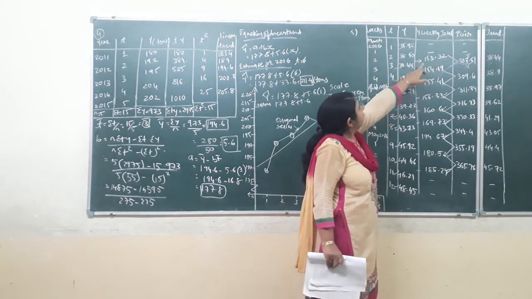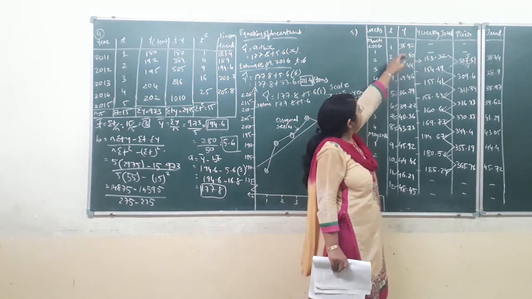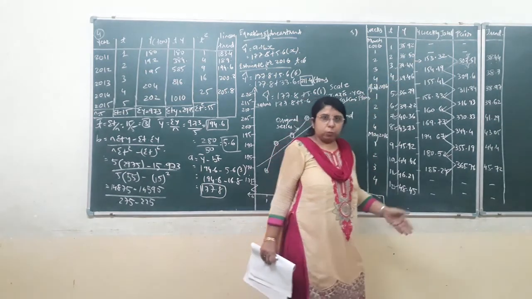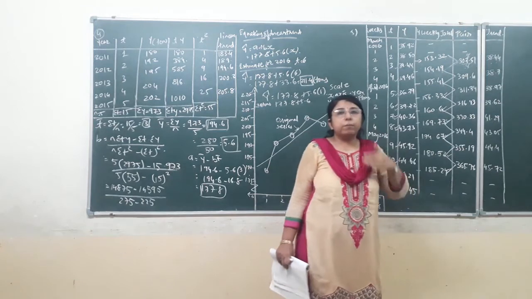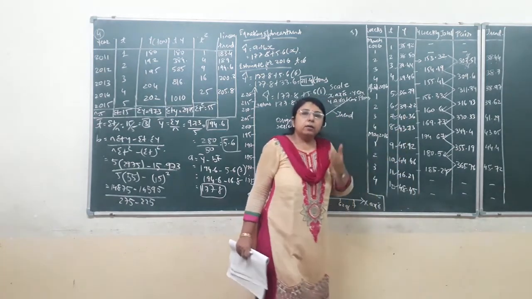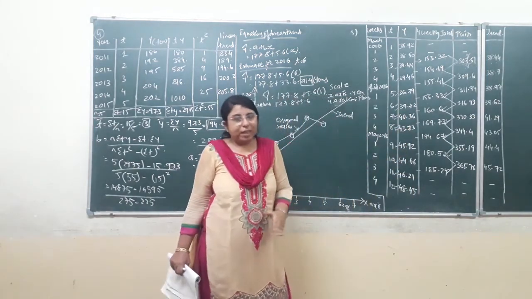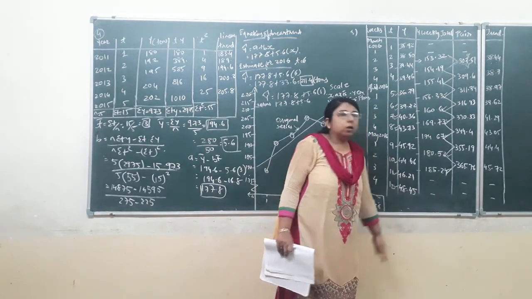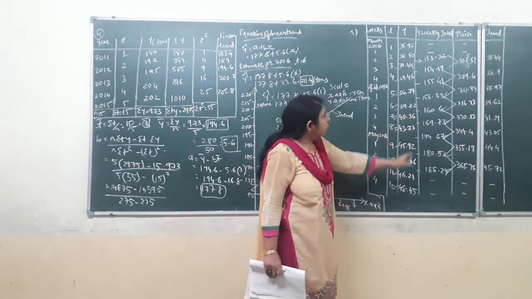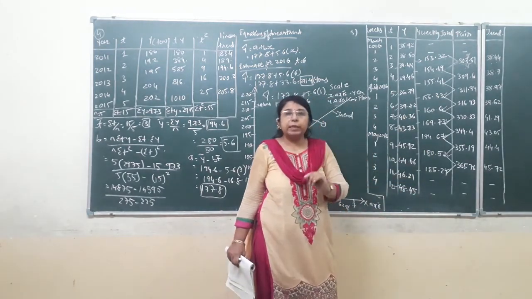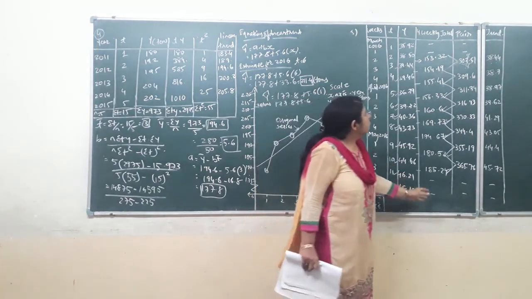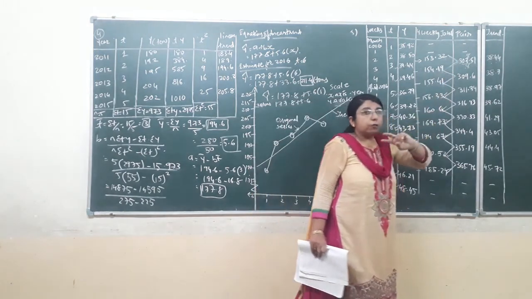Then afterwards, from that total, you will subtract the first value and add the next value. In this way, you have to subtract the previous value and add the next consecutive value, and find all the four weekly moving totals. After doing the total, you have to find the total of the pairs.